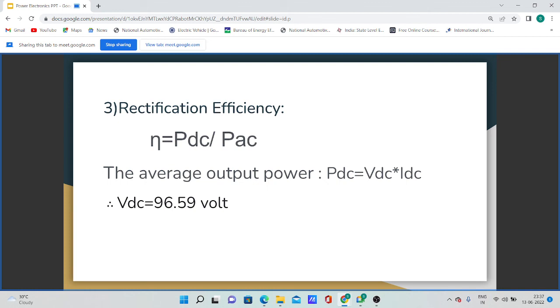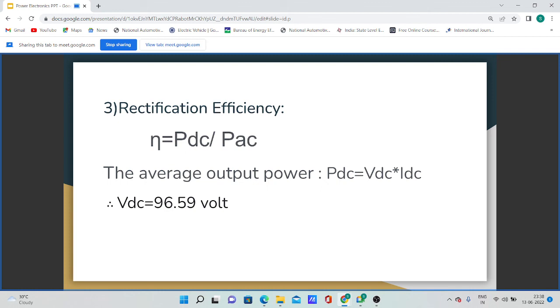If the values of PDC and PAC are equal, then it is considered that there is no harmonic disturbance in the circuit, and it is considered 100% rectification efficiency, which is an ideal condition, not seen in practical or general purpose use. The efficiency is given by PDC upon PAC.